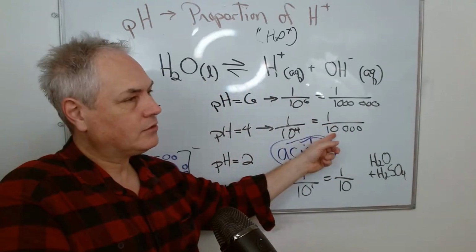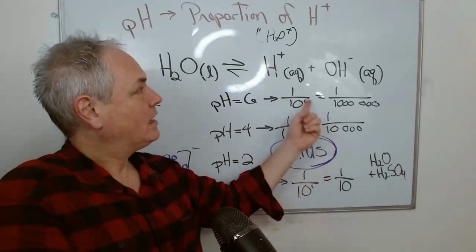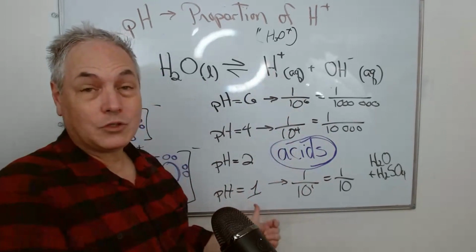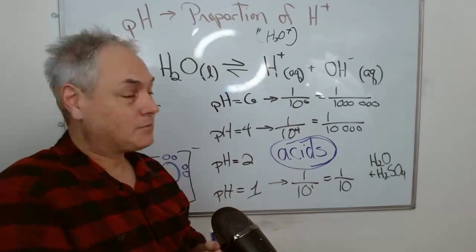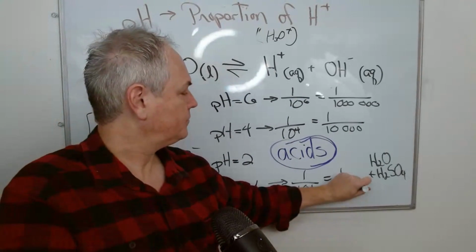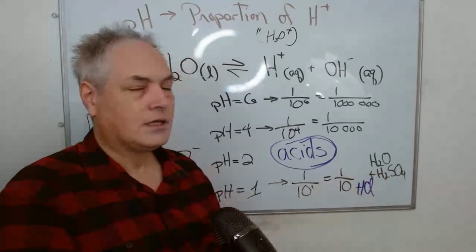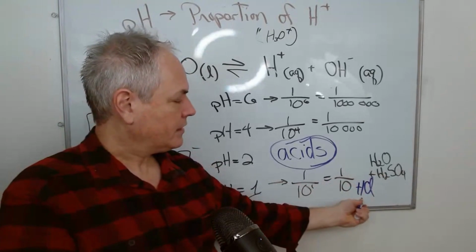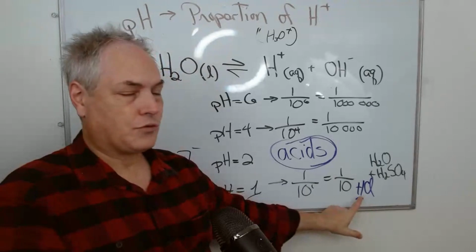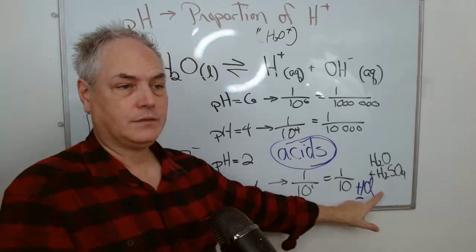So as you can see here, there's more and more hydrogen ion. If you go to a pH of 1, which is very, very acidic, so sometimes we think of hydrochloric acid, for example. That means that every molecule of HCl dissolved in water will bring more hydrogen.